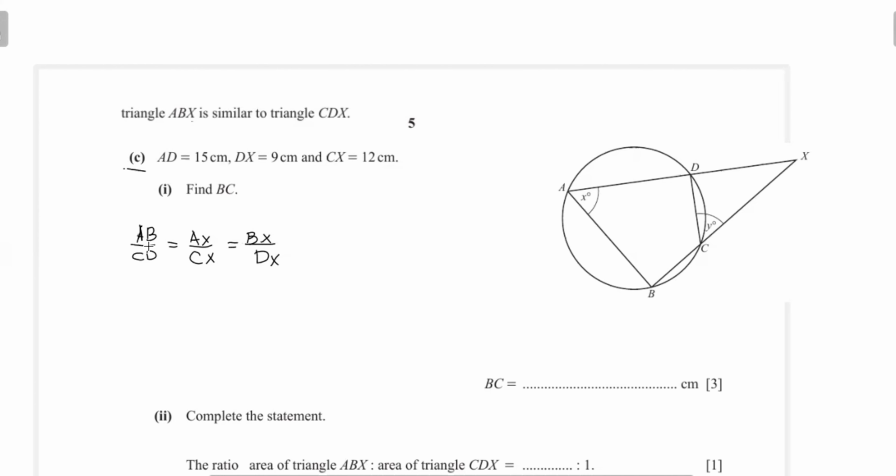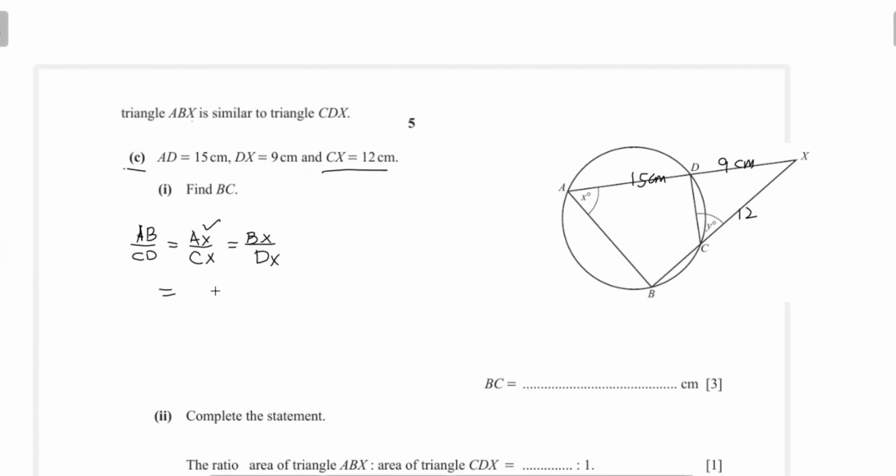Now we put the values in these ratios. So AX length, this is the length of AD is 15 centimeters, and DX is 9 centimeters, and CX is 12 centimeters.